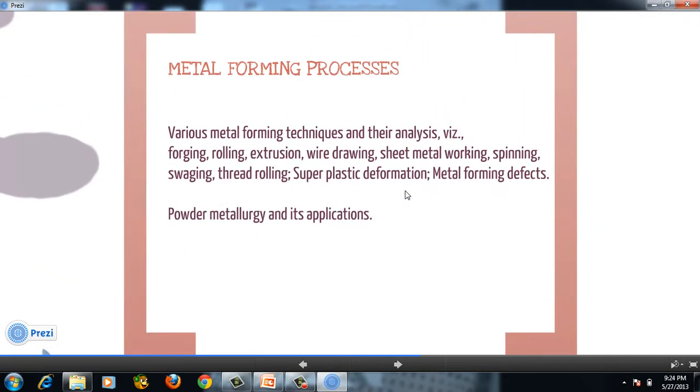So the entire contents are covered. All the contents of this course are categorized into three: casting, joining, where we study welding, and metal forming. So these are the contents of the entire course of Manufacturing Technology 1.